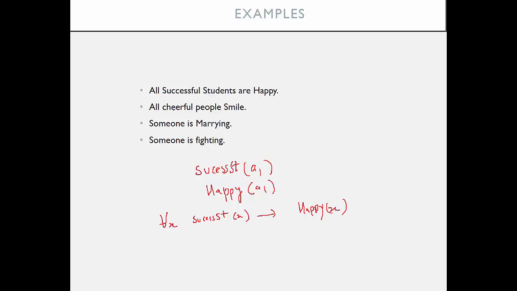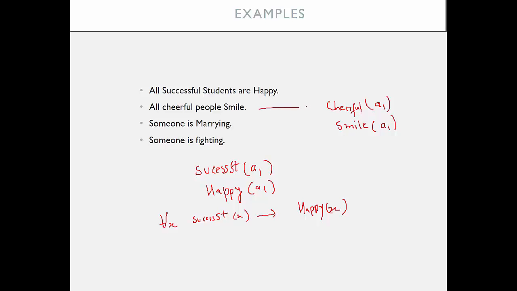Now let's try to solve this problem, which is: all cheerful people smile. Suppose we have a person A1 and he is cheerful, we'll represent it like this. If A1 smiles, then we'll represent it like this.